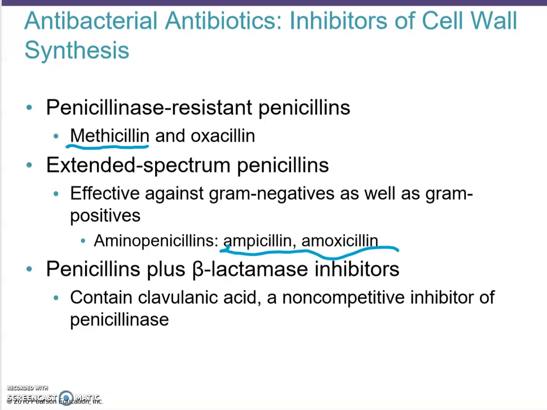Then we have penicillins that have a beta-lactamase inhibitor added to them. That's another trick they're trying to use to still inhibit the bacterial growth, and it does work to some extent. So it's always sort of an arms race. We come up with something and the bacteria find a solution to get around it.